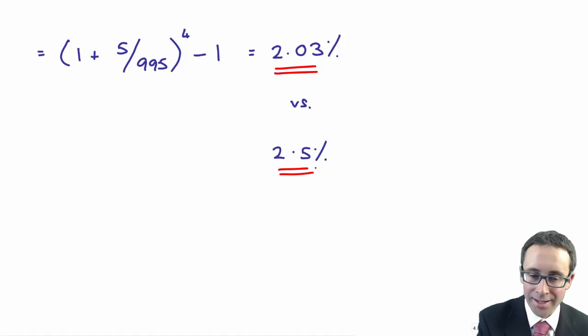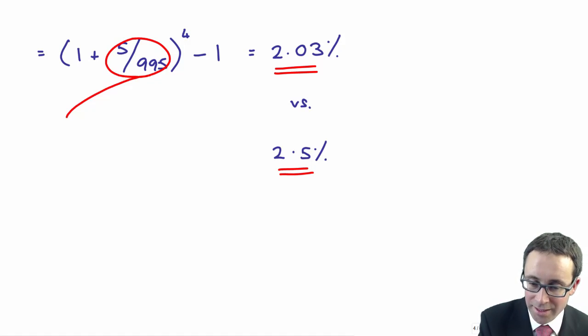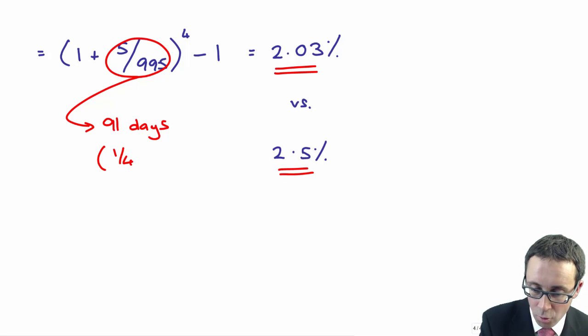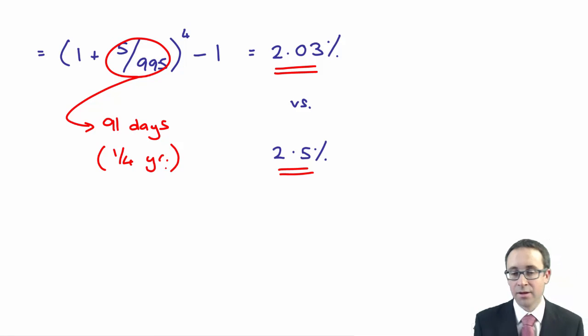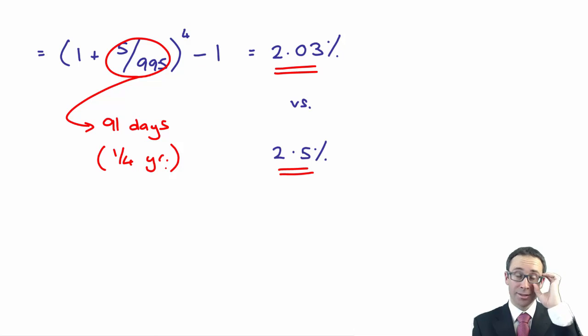Remember, this 5/995 was, I think, for 91 days, which essentially is a quarter of the year. So we need to raise it to the power of 4, or technically 365/91 if we wanted to be all specific, to work out the annual interest.